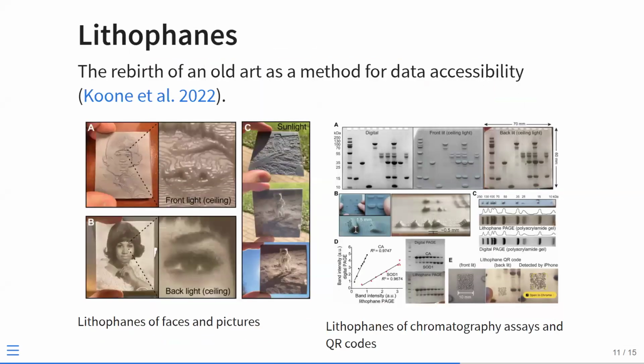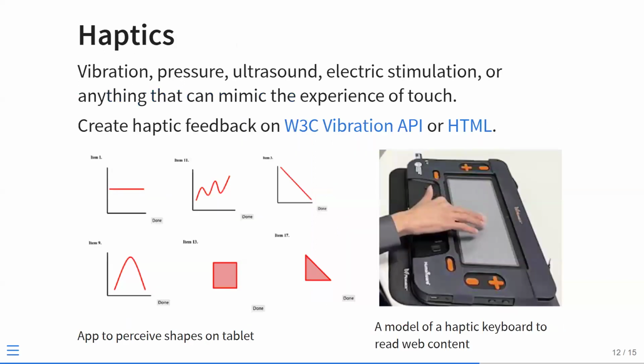Then there is this, in the past, it was conceived as a form of art, lithographs, but this paper shows how it can be used to represent also quantitative data, such as chromatography assays.